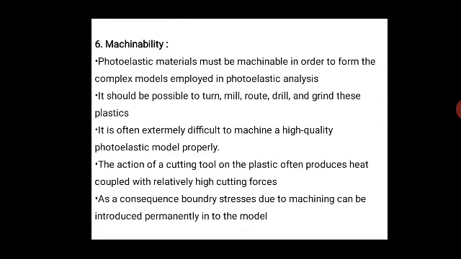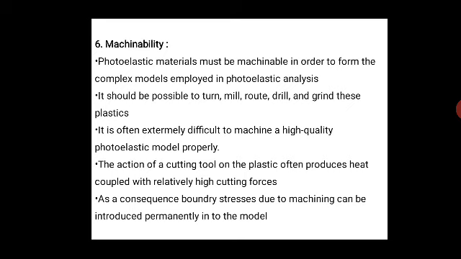The next property is machinability. Machinability is the ability of the material to be machined, to have material removed from the surface. It's the ability to undergo machining operations. Photoelastic materials must be machinable, and if they are not machinable, then it is very difficult to manufacture such components.